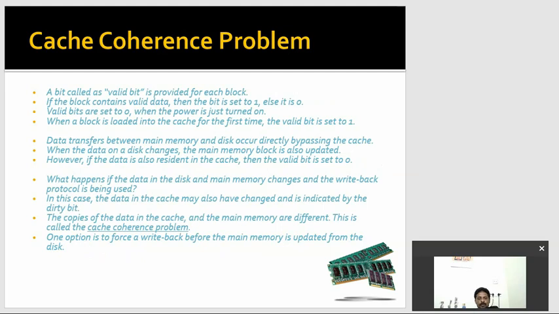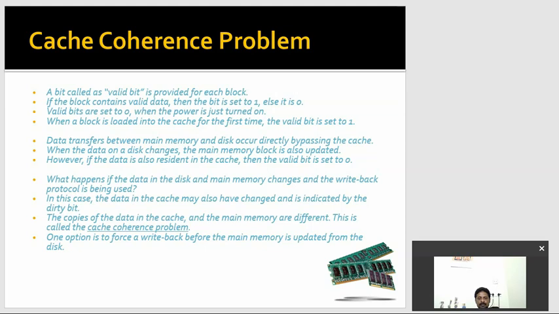Cache coherence problem. A bit called a valid bit is provided for each block. If the block contains valid data, then the bit is set to 1, else it is set to 0. Valid bits are set to 0 when the power is just turned on. When a block is loaded into the cache for the first time, the valid bit is set to 1.